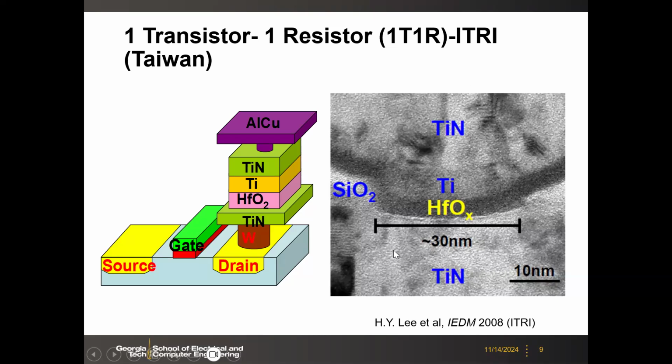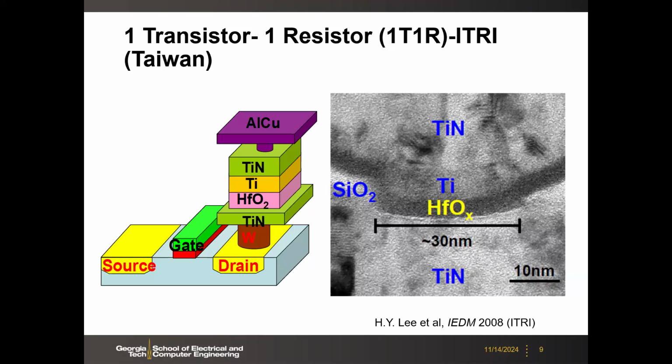This was published at IEDM 2008, when I had just started on this research. So we learned a lot from this paper. By the way, the first binary RRAM paper was published by Samsung at IEDM 2004. That was regarded as the first publication on binary oxide. In that case, it was nickel oxide. Many troubles with the nickel.